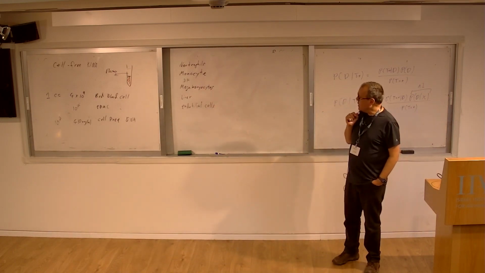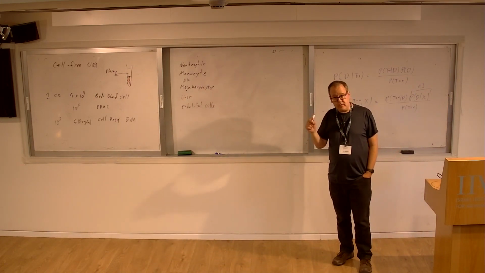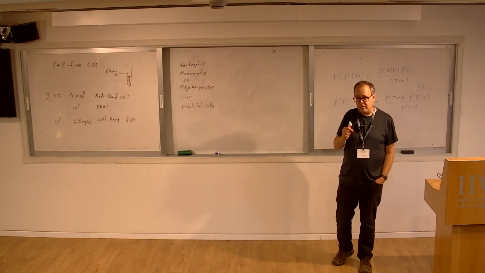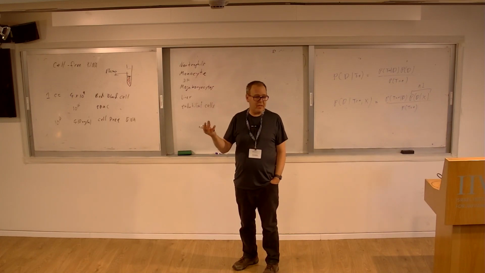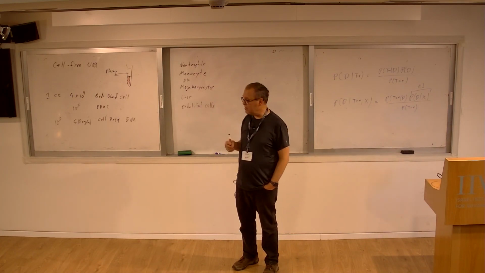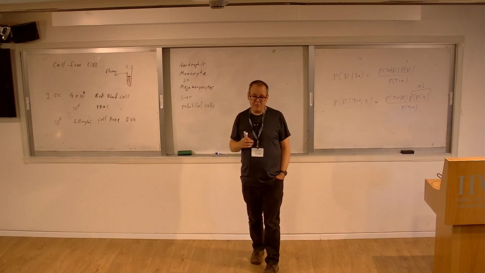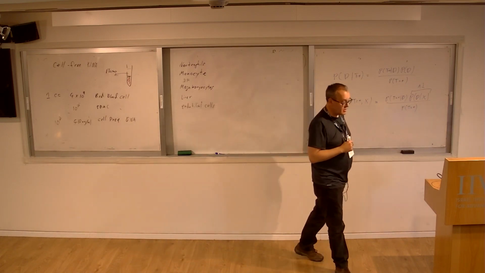Okay, so when a person is sick, for example with cancer, at some point the cancer wants resources and convinces the body to generate blood vessels to provide it with nutrients and oxygen and so on.